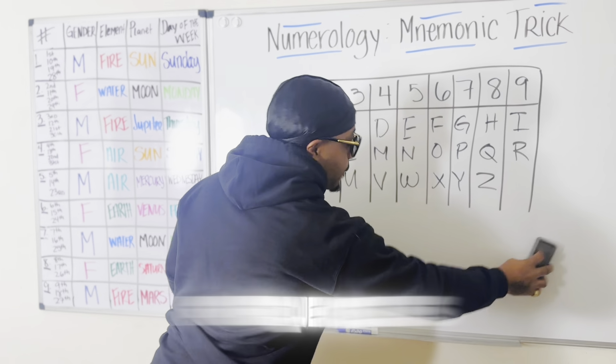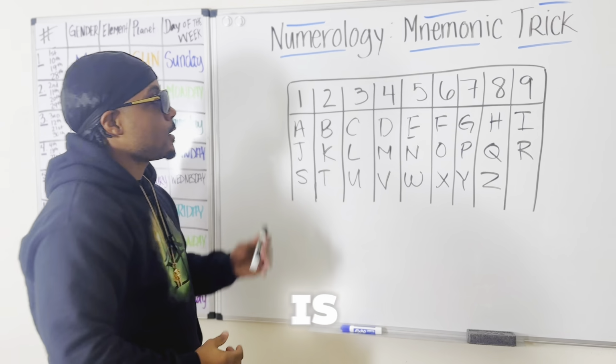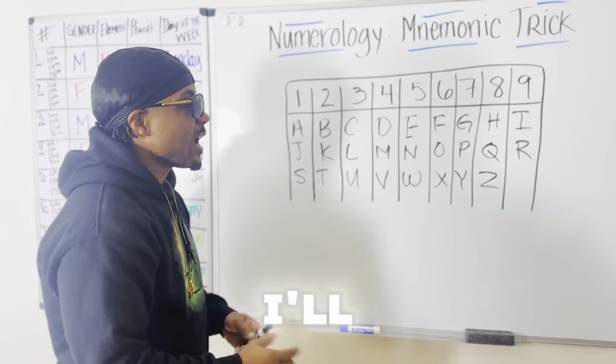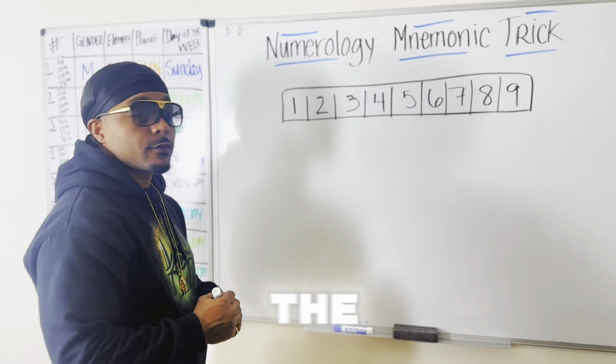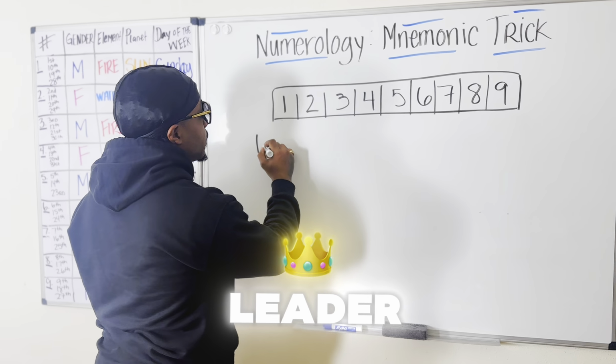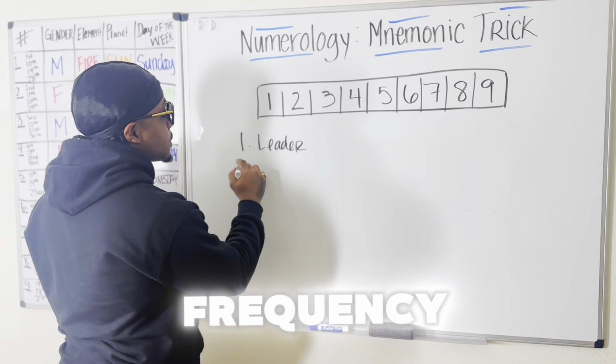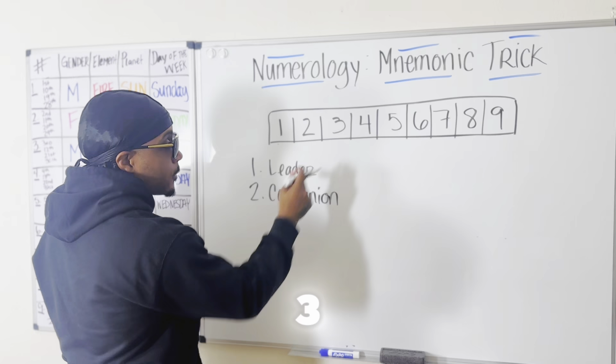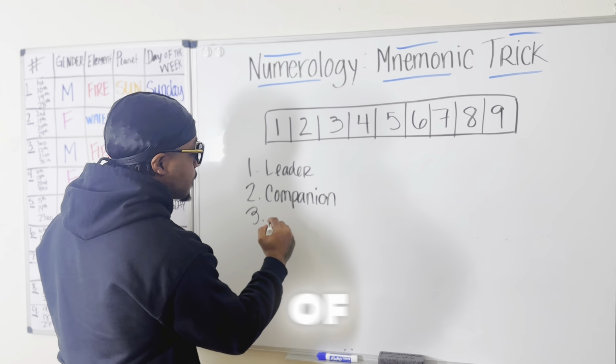But do you want to know what frequencies are behind each number? I'll show you. Now the 1 holds the frequency of the leader. The 2 holds the frequency of the companion. The 3 column holds the frequency of the communicator.